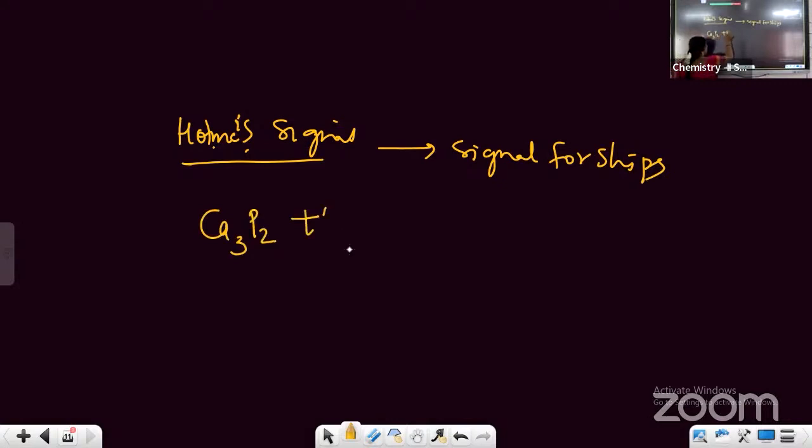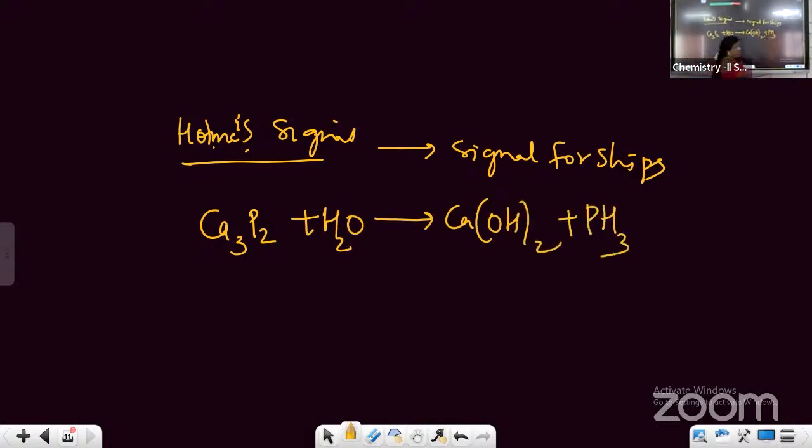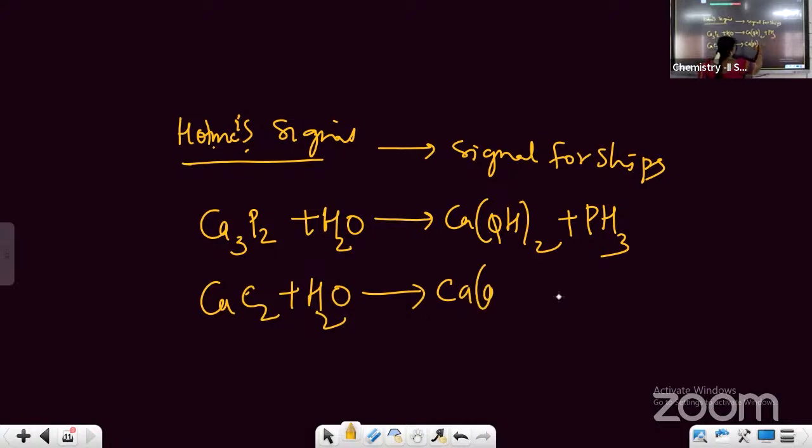When it reacts with water, it gives calcium hydroxide plus PH3 gas, phosphine gas. The next, calcium carbide CaC2 plus H2O gives calcium hydroxide plus acetylene C2H2.